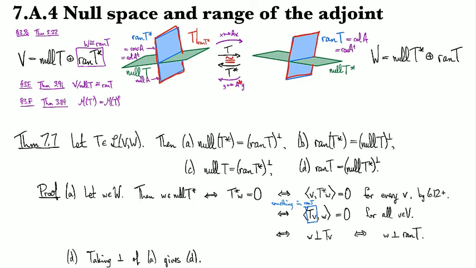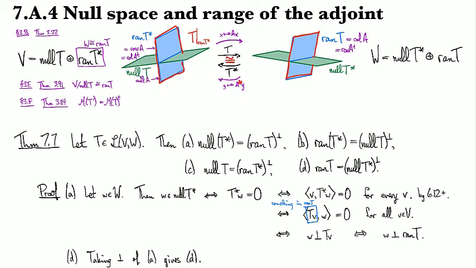Like if you start with a subspace and then you do the orthogonal complement twice, you end up back where you started. Oh, you know what? I just realized, we're only proving this in the finite dimensional case because that result only holds in the finite dimensional case. So that's actually not mentioned in the textbook. But this proof, I guess, only works for finite dimensions.